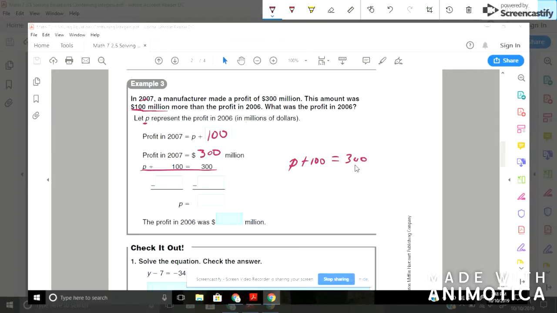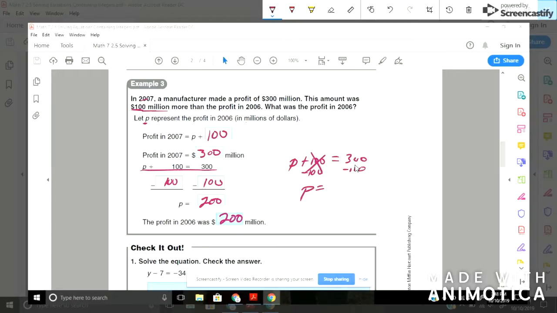Well, I see it's being added by 100, so the opposite would be to subtract 100 on both sides of my equation. I'll do it over here too, subtract 100, and P would equal 300 minus 100, which gives us 200. So the profit in 2006 was 200 million.